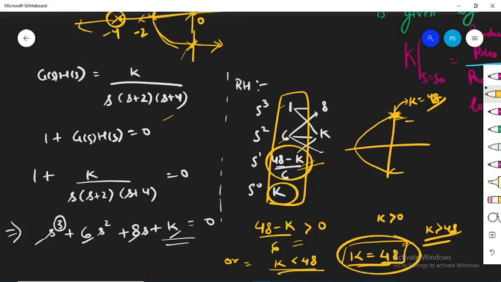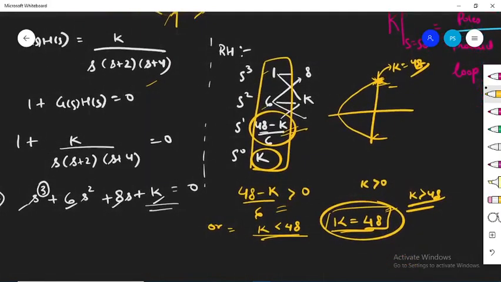We can also form the auxiliary equation for this condition. Like, what will the auxiliary equation be here? The row above the odd row, the even row, will make the auxiliary equation. So the auxiliary equation can be made from this row. It will be 6s square plus k equal to 0.